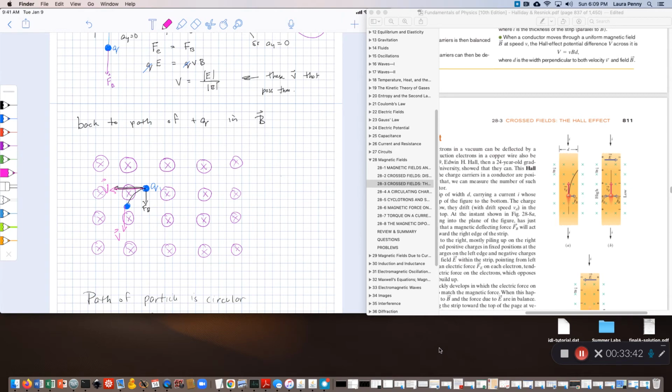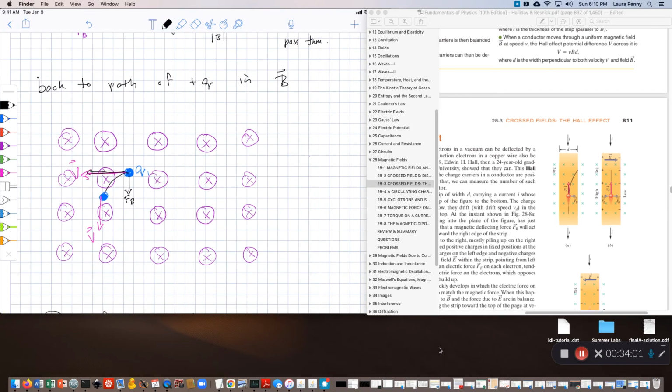So now if I do my cross product here, my fingers are going to be pointing down, and then my fingers have to curl into the screen, and now my thumb points, let's blow this up, my thumb is going to point like this. Now my magnetic force is going that way. That's going to cause my particle to curve like this.